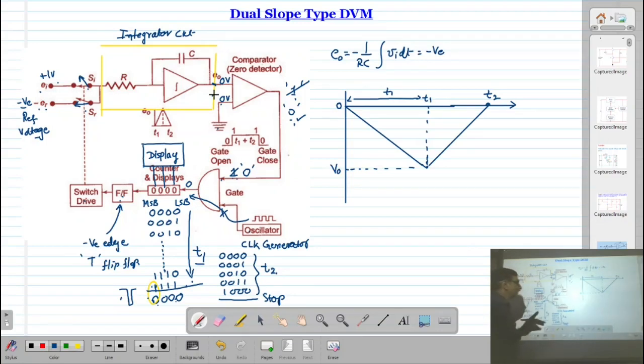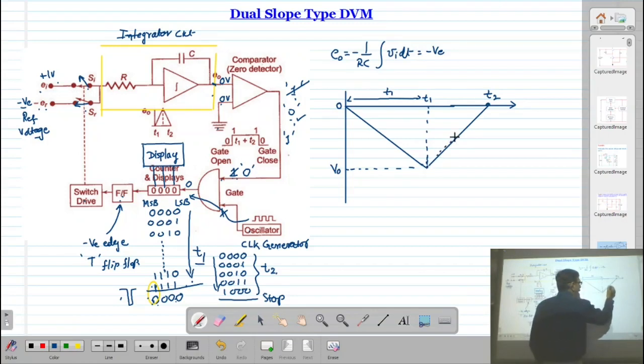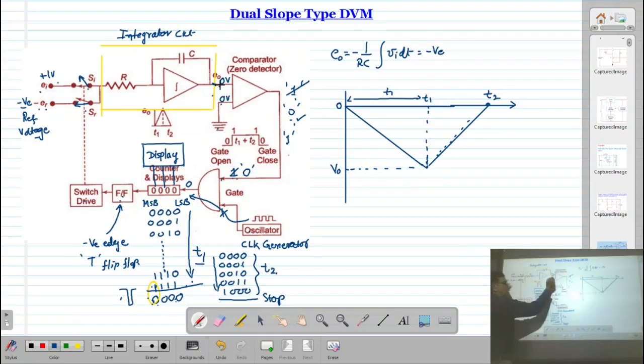But remember, meanwhile your comparator is on here. The comparator output is not zero. Comparator is on. So your counter goes on counting from 0, 0, 0 to 1, 2, 3. So here the counter is on and it goes on counting the clock pulses. When this output voltage of the integrator becomes 0, then the comparator output will be 0 and it will disable the gate.